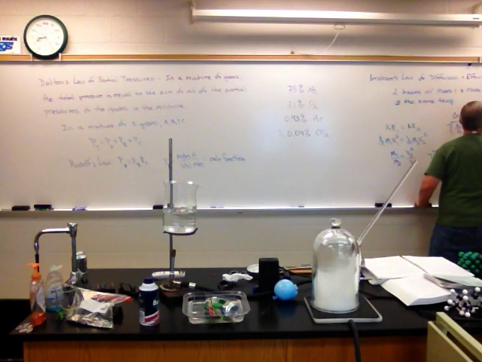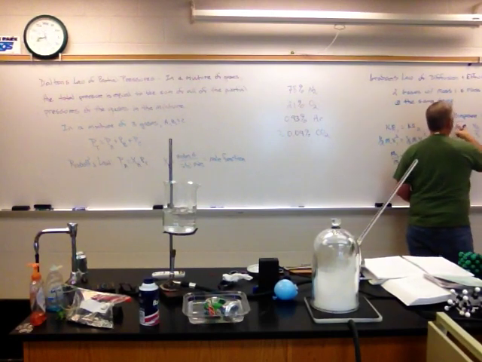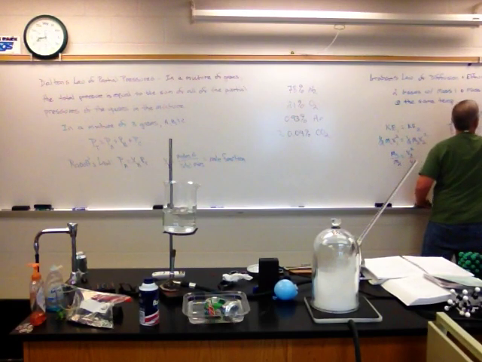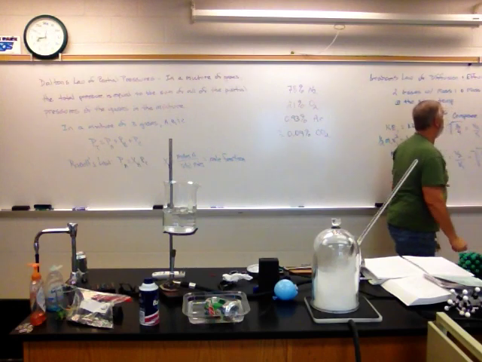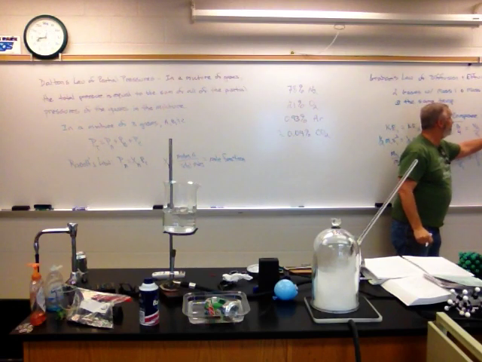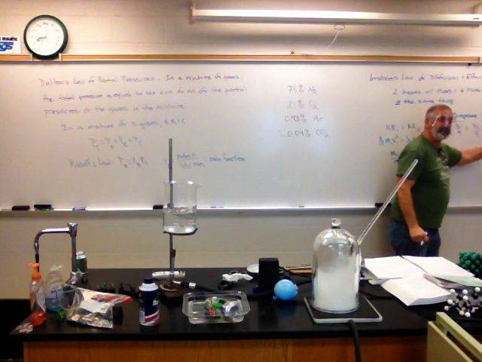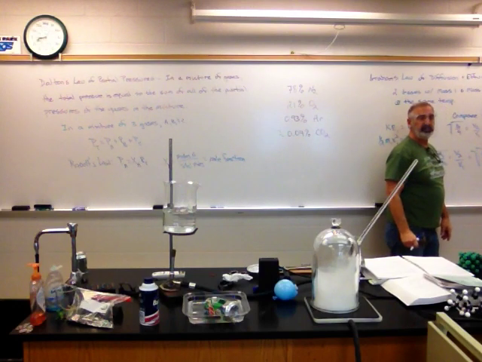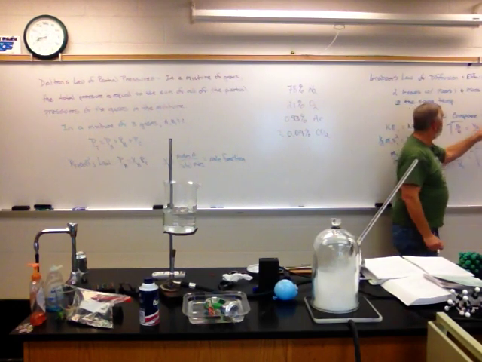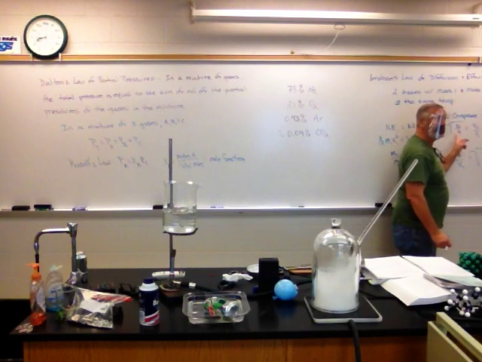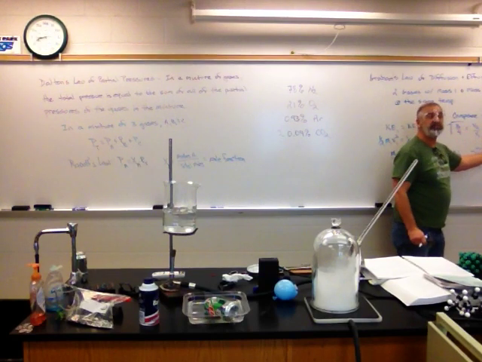So 2 is equal to the rate. So this 16 is 1 and this is 2. The rate of 2 is going to be twice that of 1. So even though it's 4 times heavier, it's only 2 times slower.